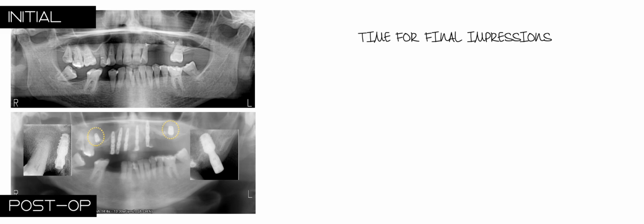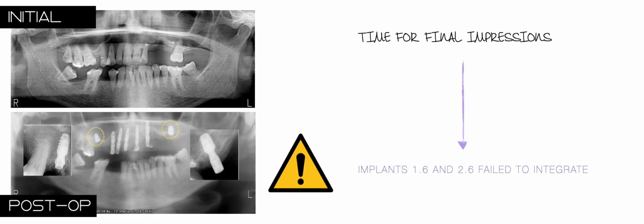So I unscrewed the provisional prosthesis, analyzed clinically and with periapical x-rays all the implants and abutments, and that's when I realized that unfortunately the implants on 16 and 26 were lost.